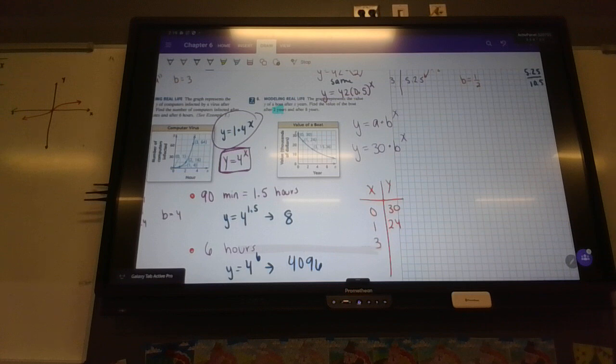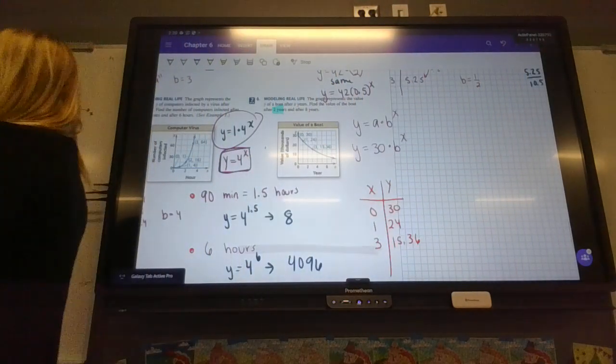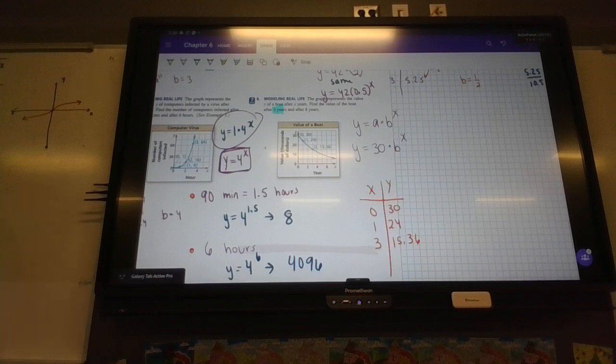After 3 years, 15,360. What kind of pattern is that? Do the problem twice. Find it after 2 years, and then find it again after 8 years.